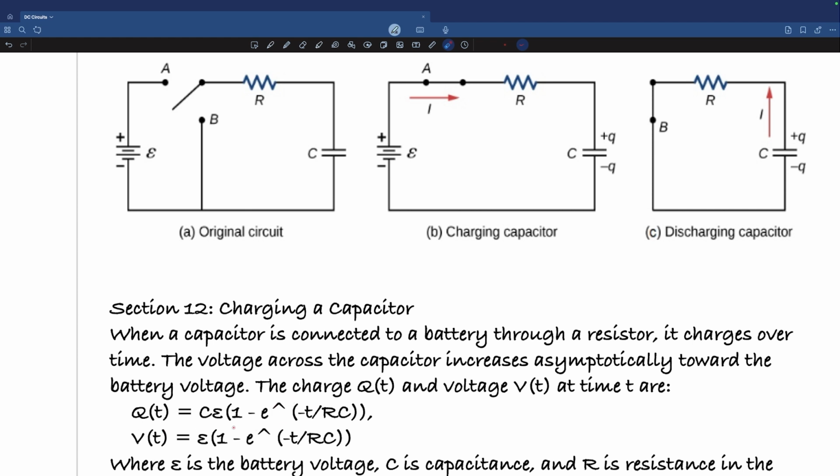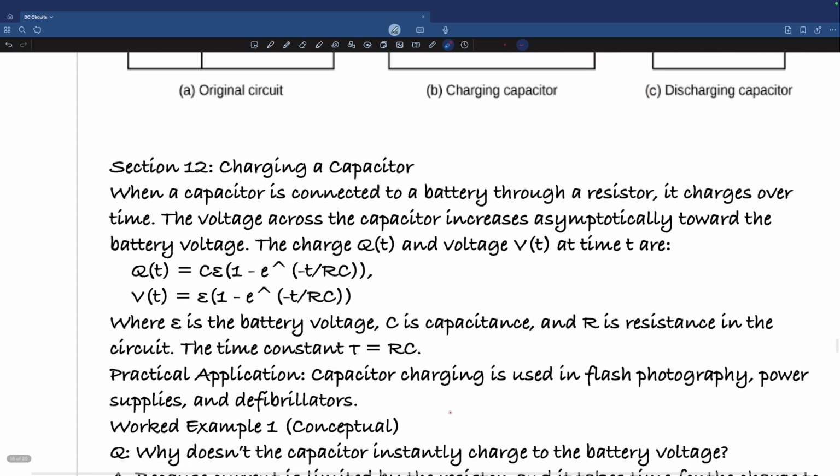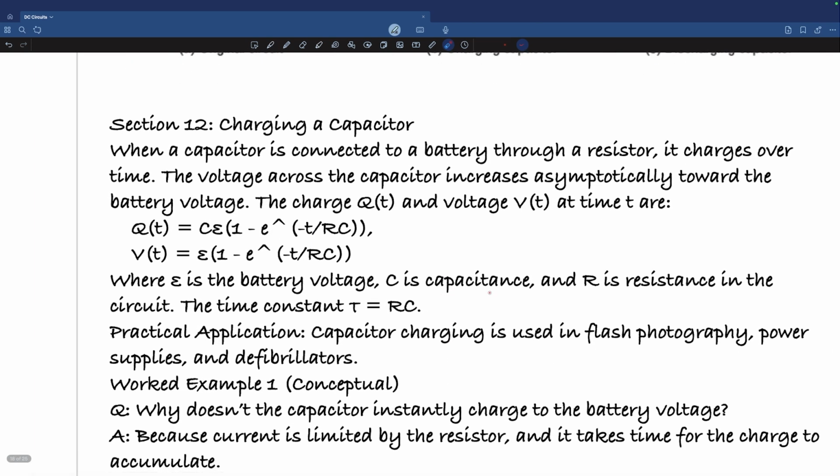Likewise, the voltage across the capacitor has a similar formula, only simpler. If you're talking about voltage, then you just put the EMF of the battery and the same function: 1 minus e raised to minus t by RC. E is the battery voltage, C is the capacitance, R is the resistance, and R times C is actually called the time constant.